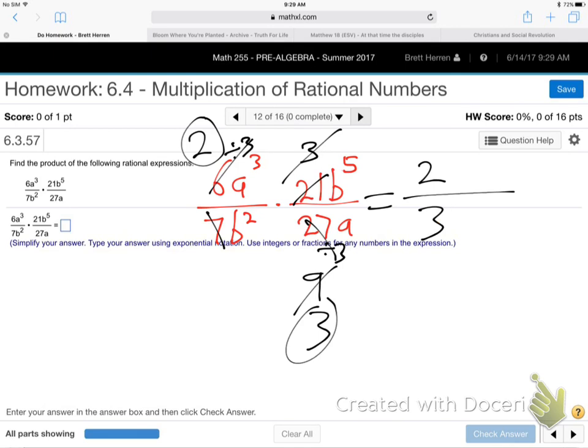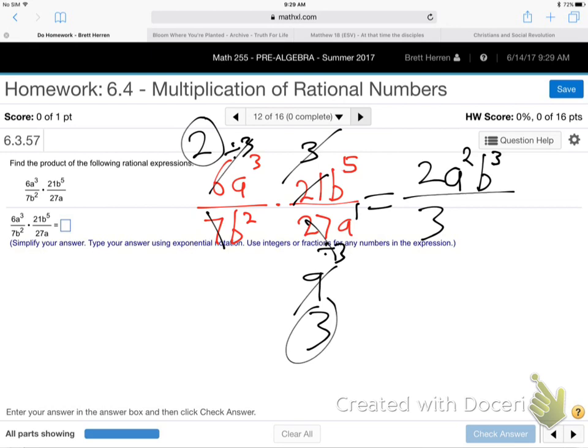Now, let's do the letters. Everybody okay with those numbers? Again, you can just type those numbers into your fancy calculator and get the 2/3. We have a to the 3rd on the top. What's the power on a on the bottom? A to the 1, they subtract. A squared on the top. The b powers subtract.